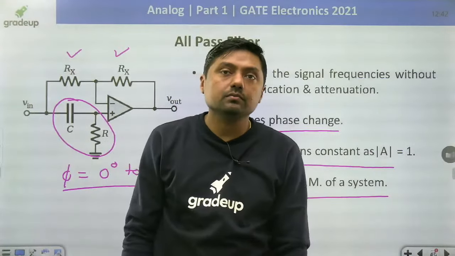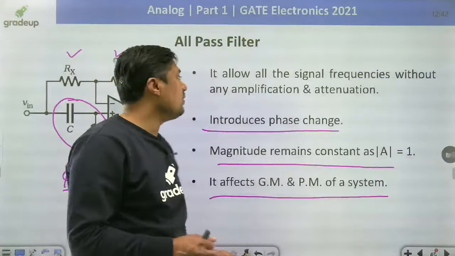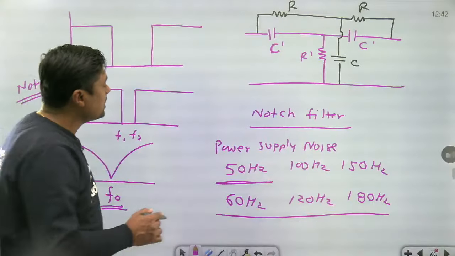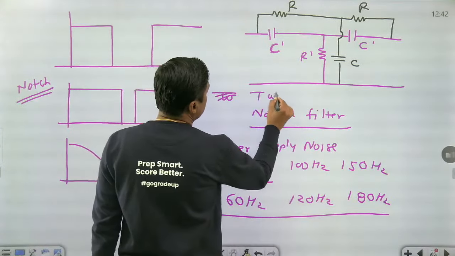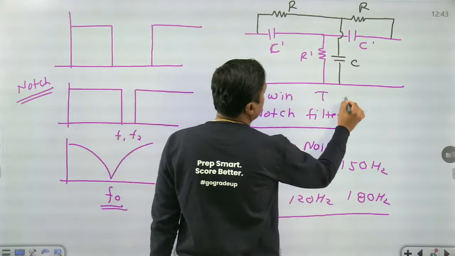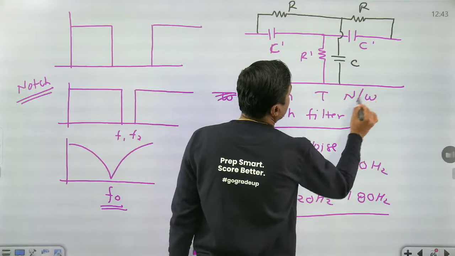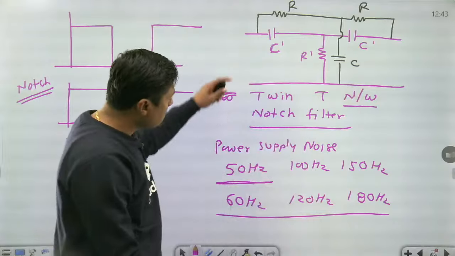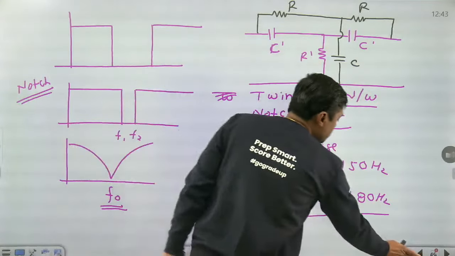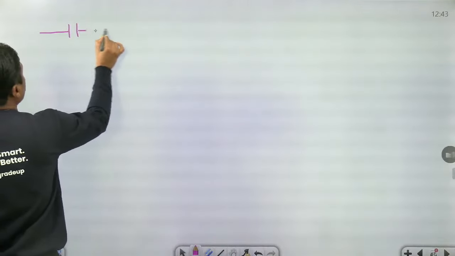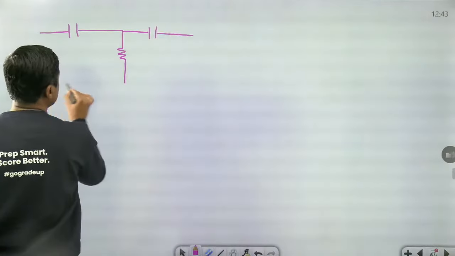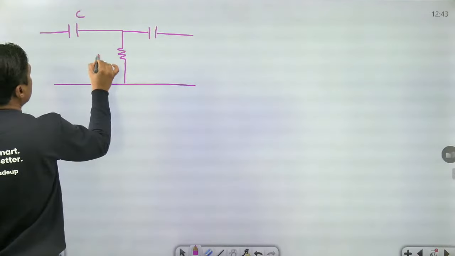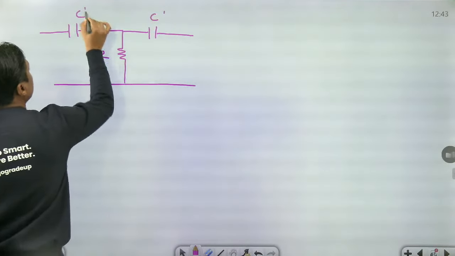Twin T filter. That is the network. What is the name of this? Twin T network, because we can separate these two. This is called a high pass filter, and we can find the Y parameter of this high pass filter.